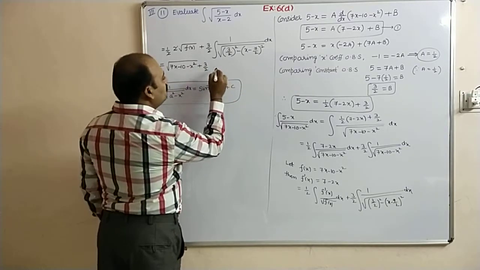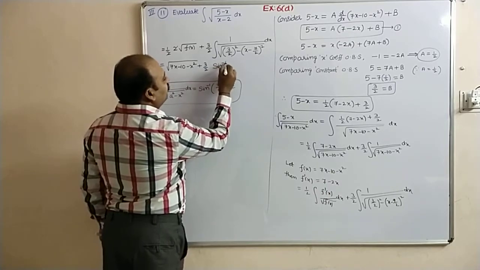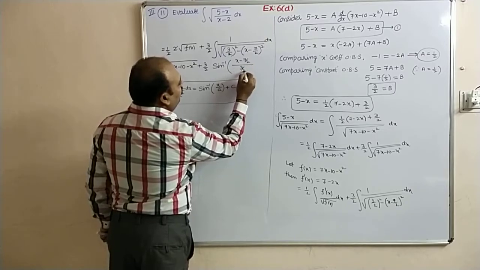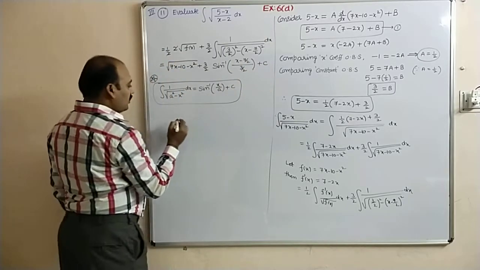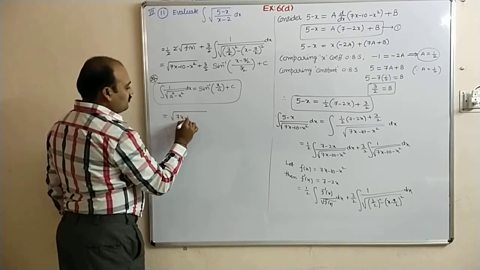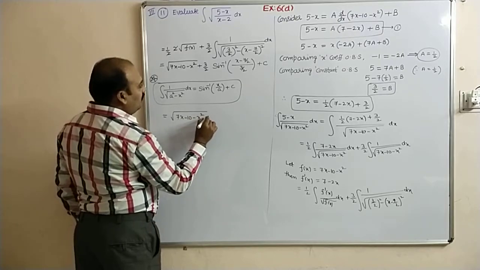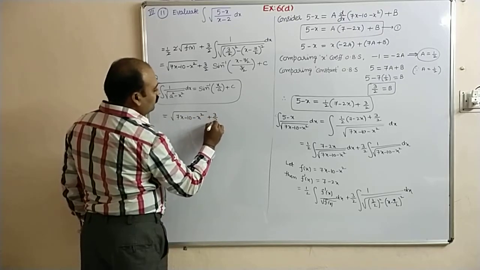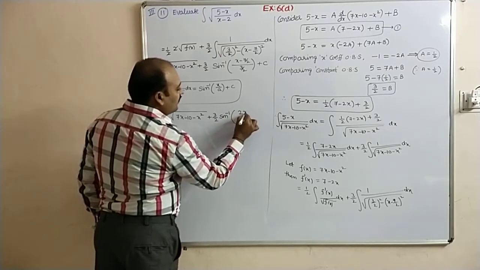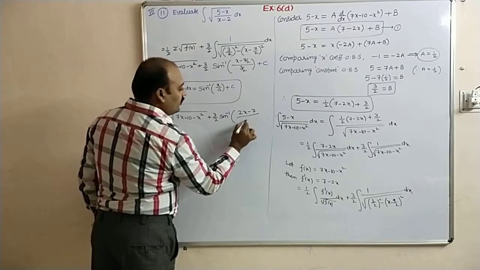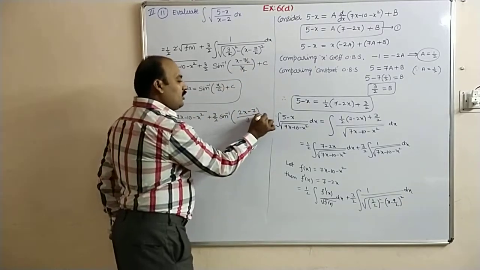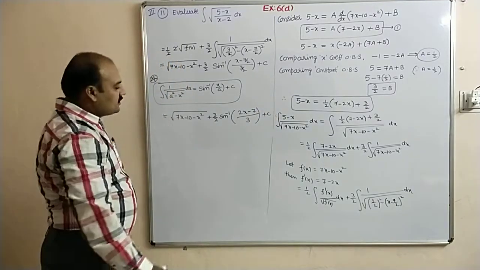So 3 by 2 into sine inverse of (x minus 7/2) whole divided by 3 by 2, plus c, which is equal to square root of 7x minus 10 minus x square plus 3 by 2 into sine inverse of (2x minus 7) divided by 3. Why? Because here the 2 after taking LCM will be cancelled. We will get (2x minus 7) by 3 plus c.